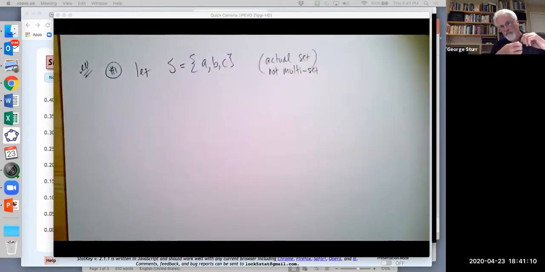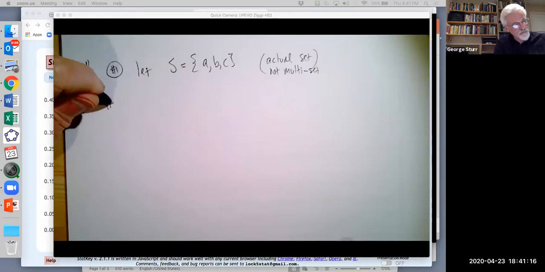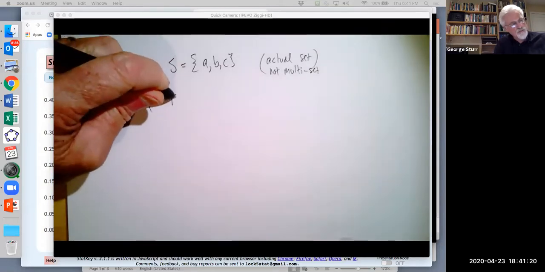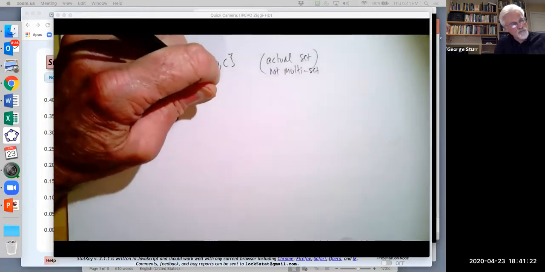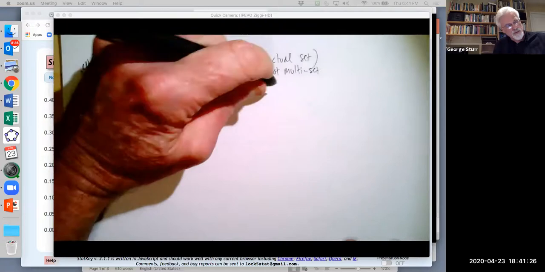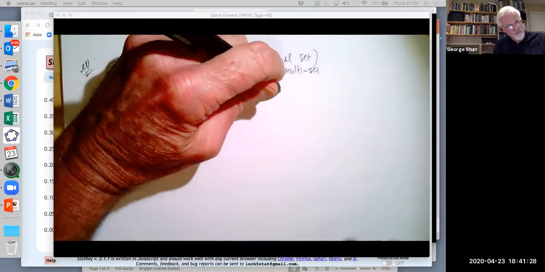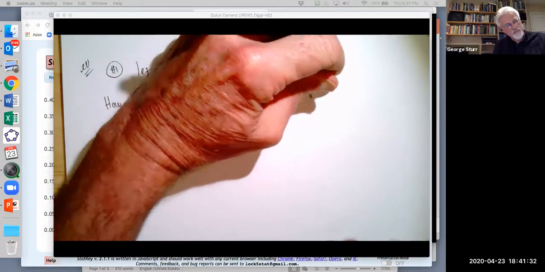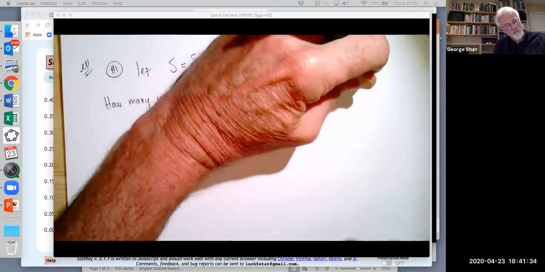Now, how many ways to select 6 elements where repeats are allowed?